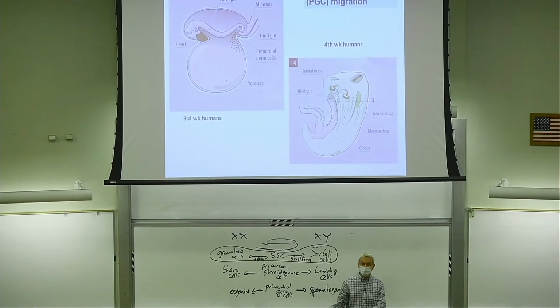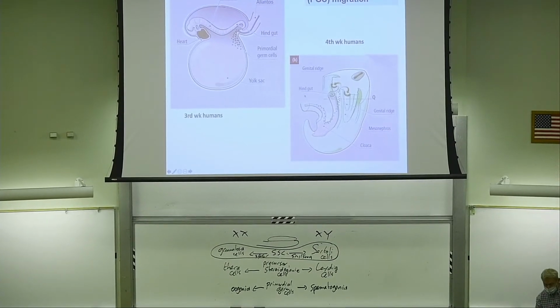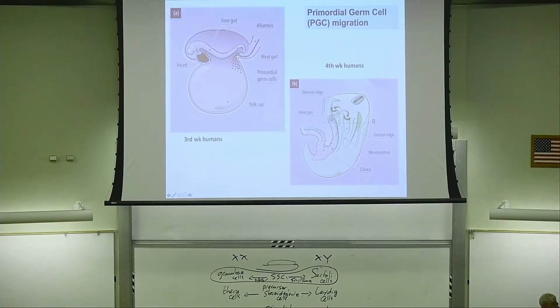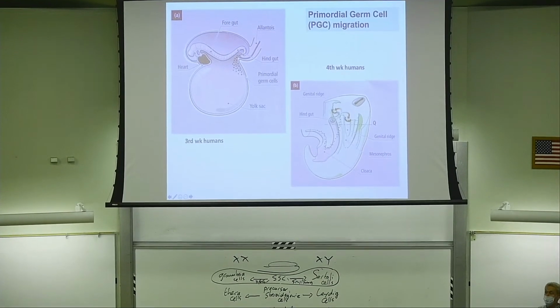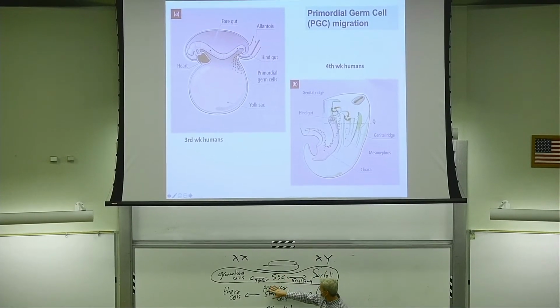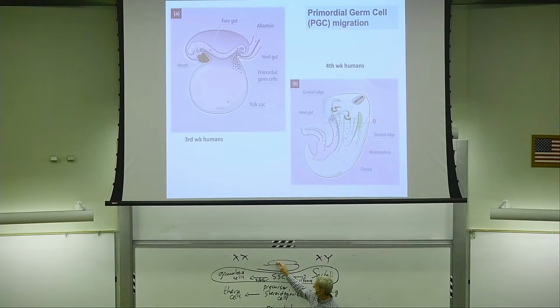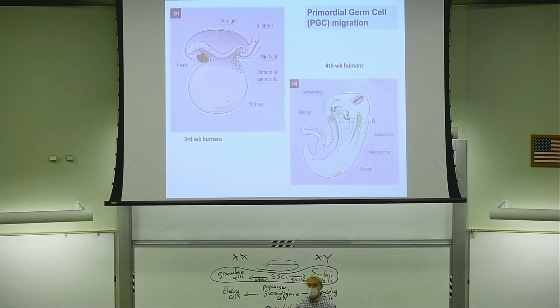Then between the 3rd and the 4th week of gestation, these germ cells need to start migrating. They develop around here, and they migrate along the hindgut all the way up towards the gonadal ridges, the bipotential gonads. Then they start populating that gonad, and eventually this happens.